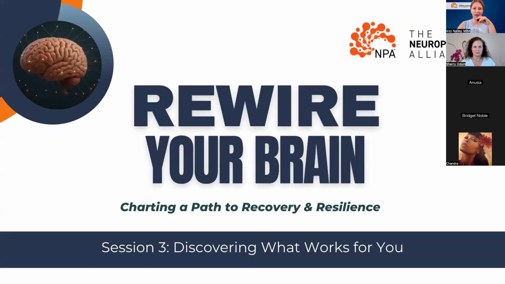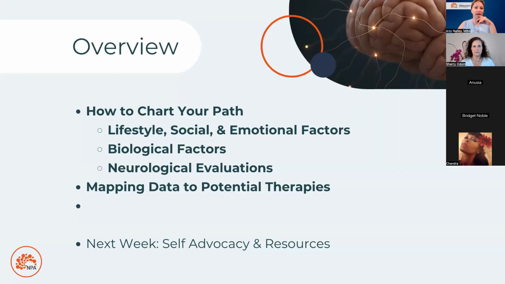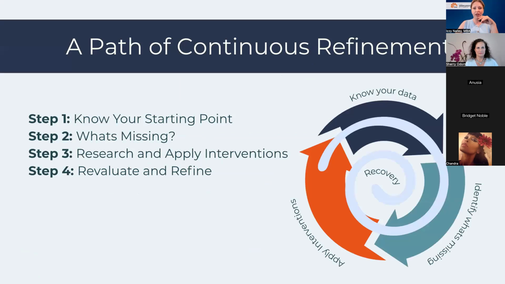Welcome to session 3 of Rewire Your Brain. In today's session, we're talking about how to look at that process and discover what's going to work for you. We'll be looking at not only the lifestyle, biological, and neurological factors, but also therapies. Sherry's put together a beautiful map of that so that we can look at what that process would look like for you.